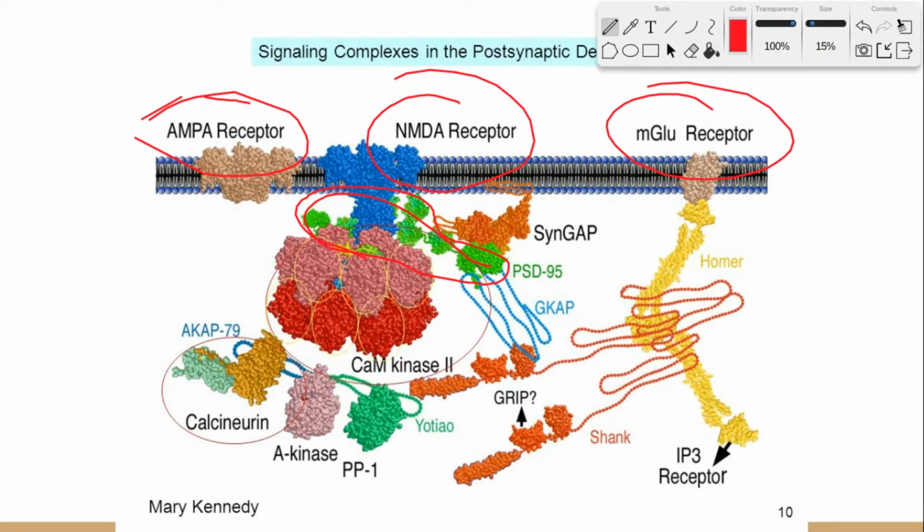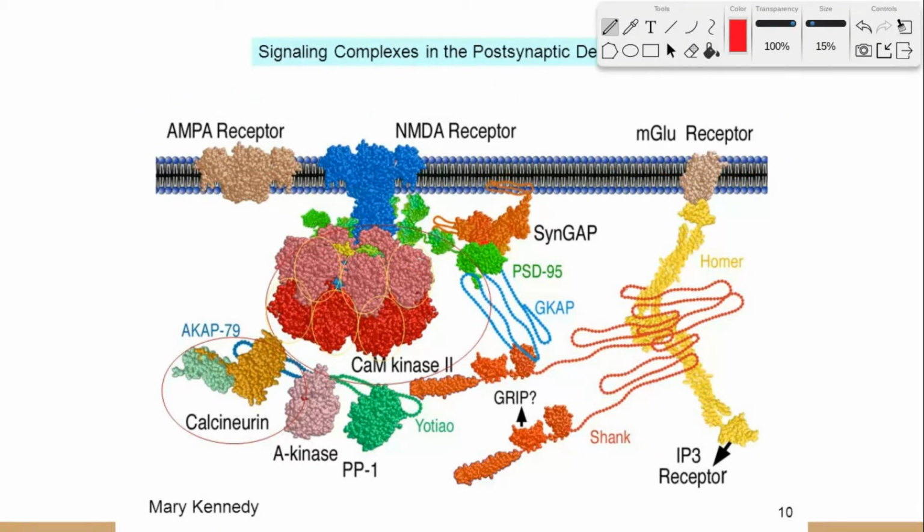So PSD95 nucleates this large complex through these PDZ domains. I'm guessing these green bulbs are the PDZ domains. Each PSD95 has 3 PDZ domains that can bind to proteins like CAMK2, calmodulin kinase 2, or GKAP. GKAP is important because it basically bridges PSD95 to Shank and Homer.